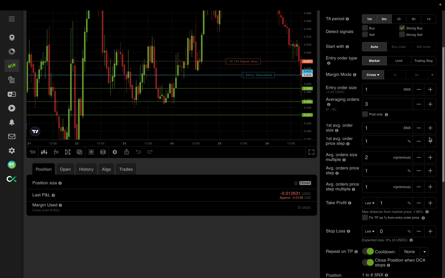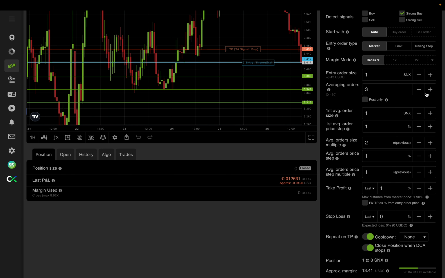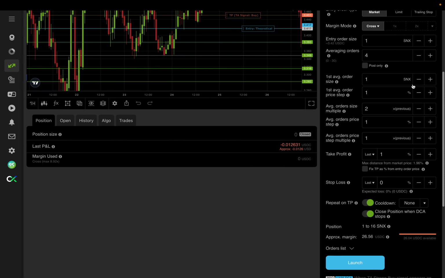With the third average order, if it executes at this moment, your take profit will be at 1.9%. So you can see with each additional average order, if it executes, the market price will need to bounce more and more to trigger your take profit.